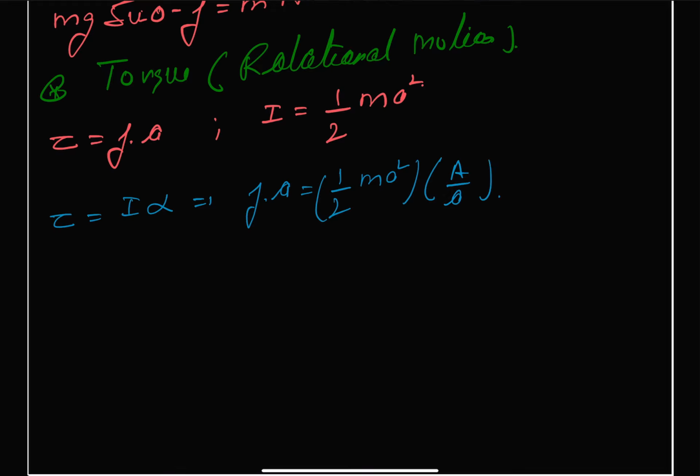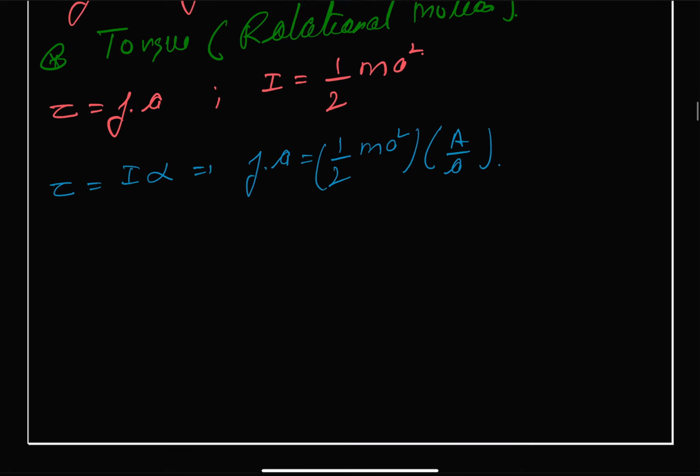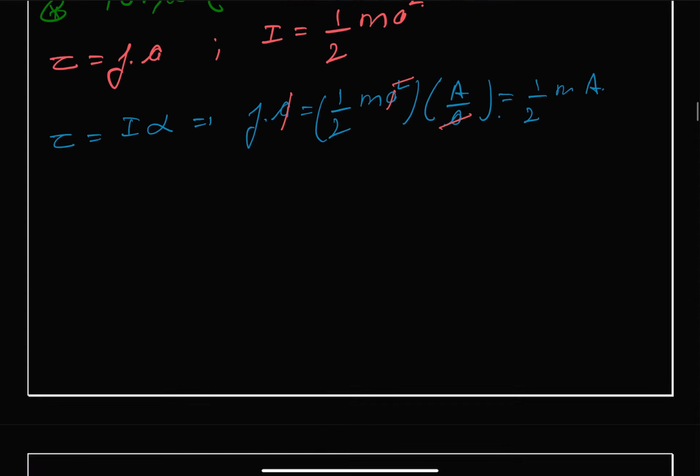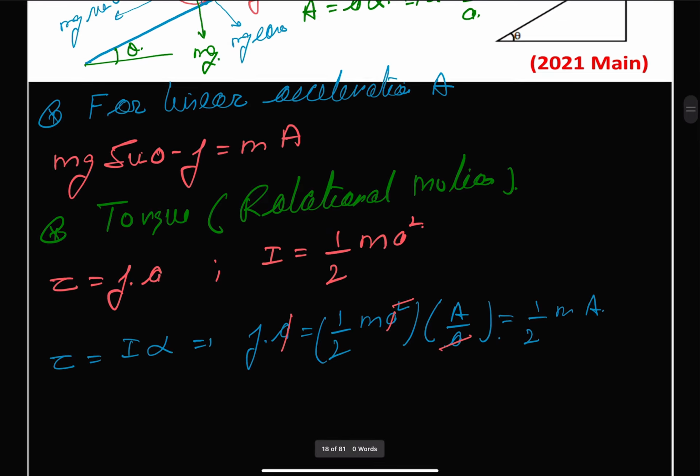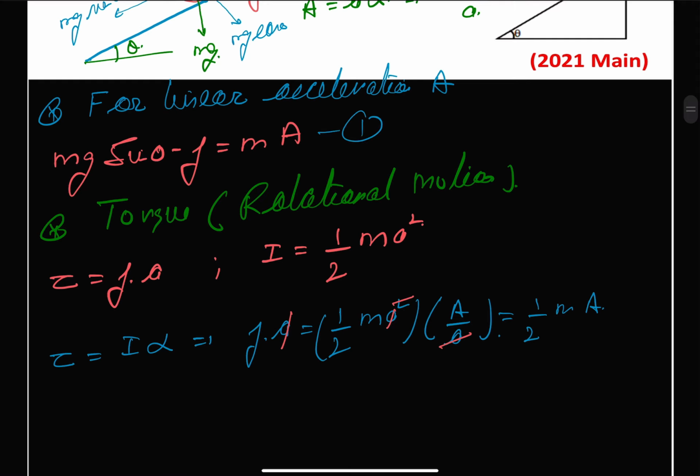So from here the a and a cancel out, so we get f equal to half m A. Let us call this equation number 1.